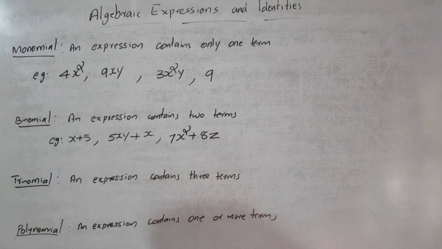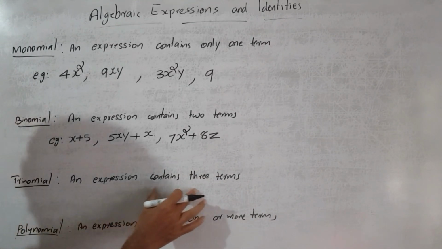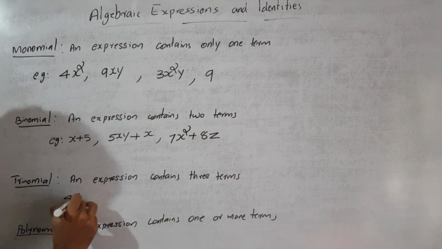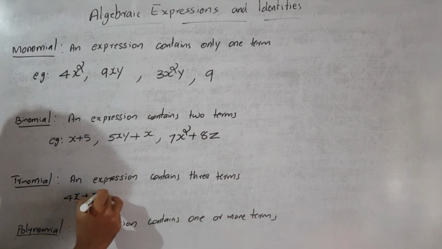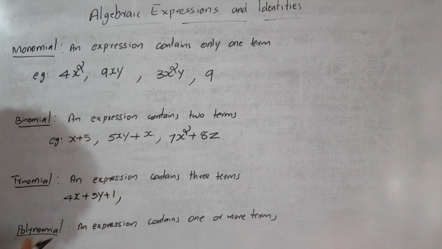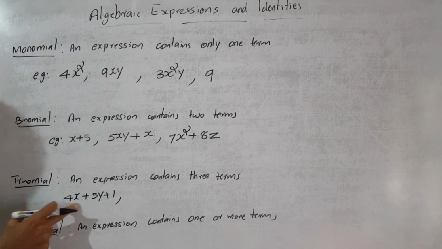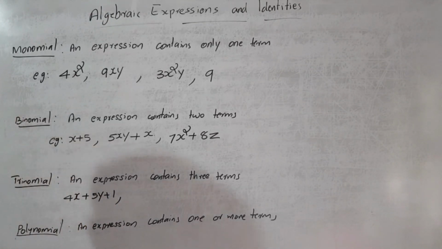Then the last one, the trinomial. A trinomial means an expression that contains three terms. Example, 4x plus 5y plus 1. 4x, 5y and 1 are the terms. How many terms are in this expression? Three terms.